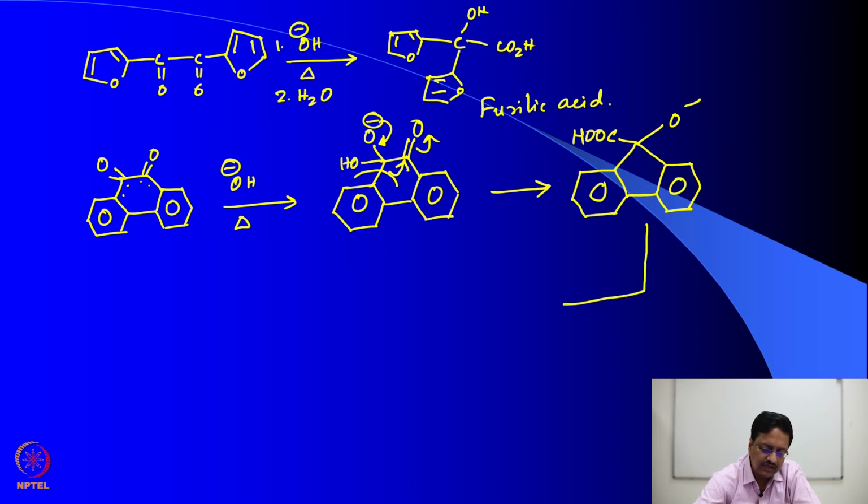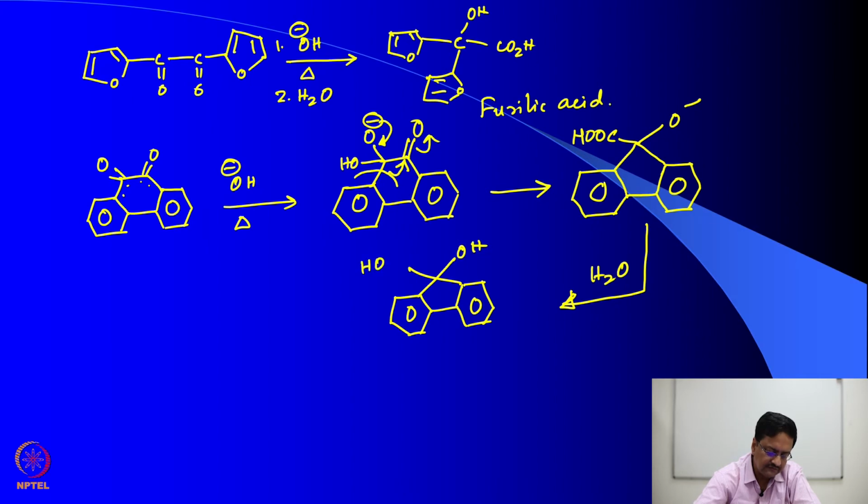This compound then on hydrolysis gives you the corresponding product of benzyl to benzylic acid kind of rearrangement reaction, and the ring size is now reduced and has the CO2H and OH, which is an alpha hydroxy carboxylic acid. So, this is another example of benzylic acid type of rearrangement in organic synthesis.